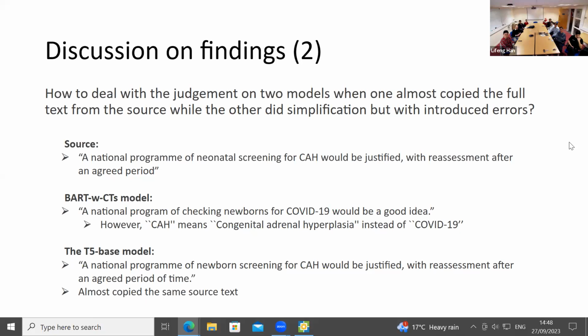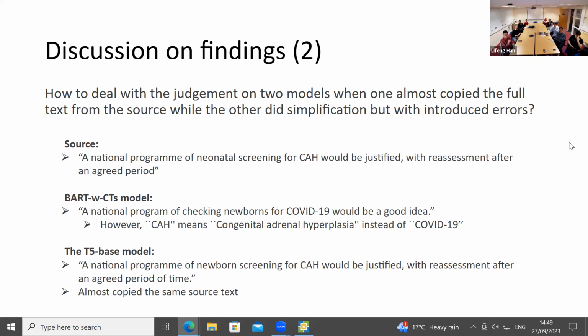The BART model will simplify it as: a national program of checking newborns for COVID-19 would be a good idea. And T5 base would simplify it as: a national program of newborn screening for CAH would be justified with reassessment after an agreed period of time.